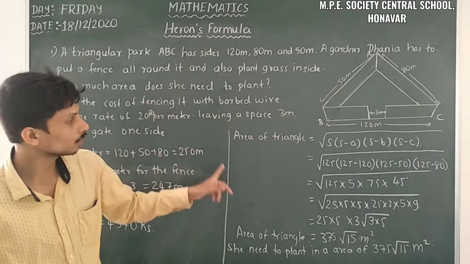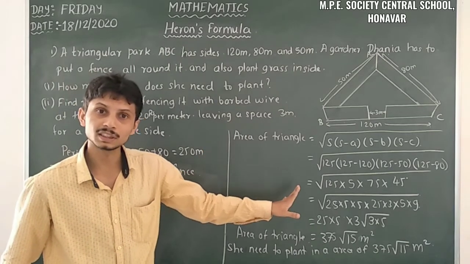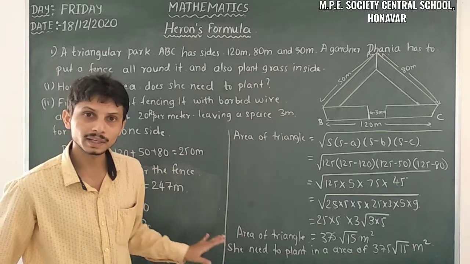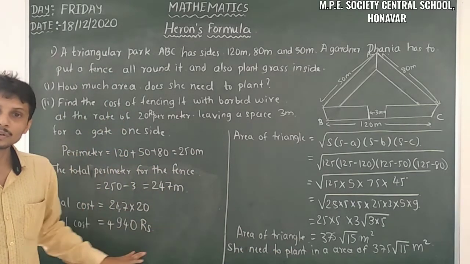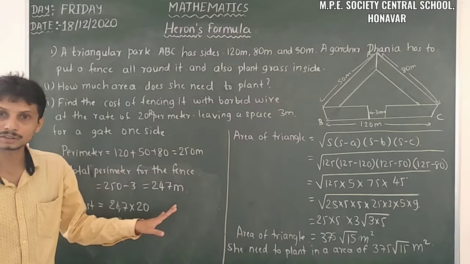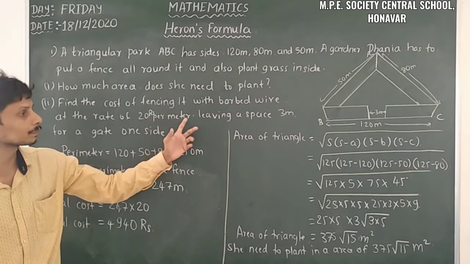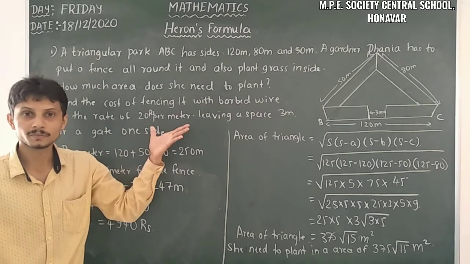Firstly, we have to find out the total area. That is total area, in how much area she has to plant. So in that case, we have to calculate the area of triangle, and here we have to calculate the total cost at the rate of 20 rupees per meter, leaving a space of 3 meter. So we have to find out the cost of fencing.